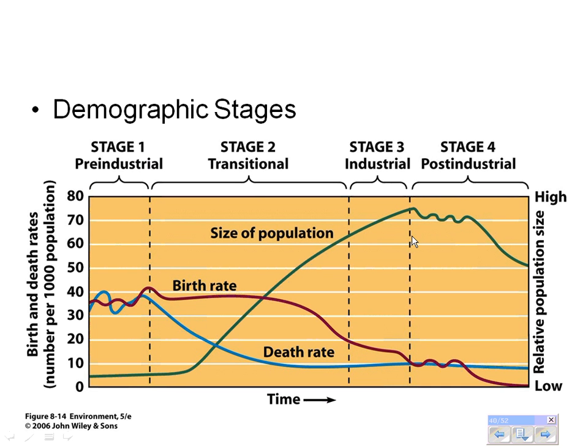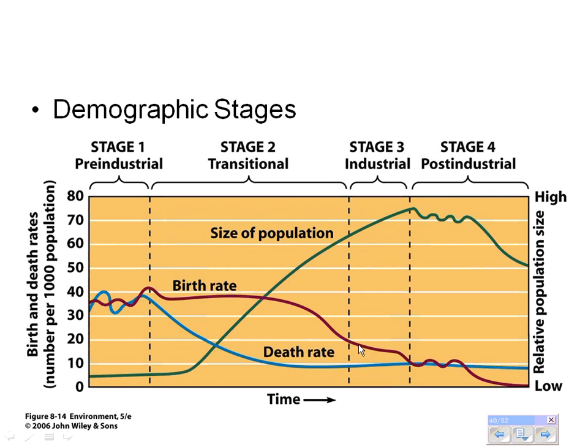Stage 3 is the industrial stage. You can see at the beginning of this stage 3, we see the population start to slow. We're seeing finally that the birth rate is reducing and coming close to the death rate. We're seeing families desire less children.